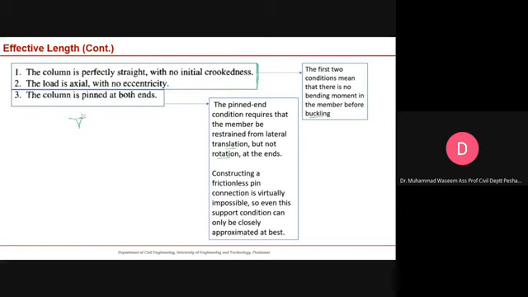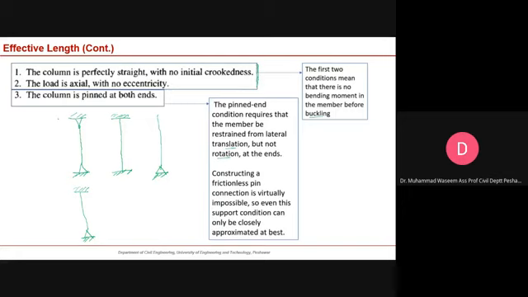The Euler formulation is derived for this condition, but actually we may have different support conditions. We may have this support condition, or we may have this type of support condition. So the effective length, or the length in which buckling will occur, will be different.